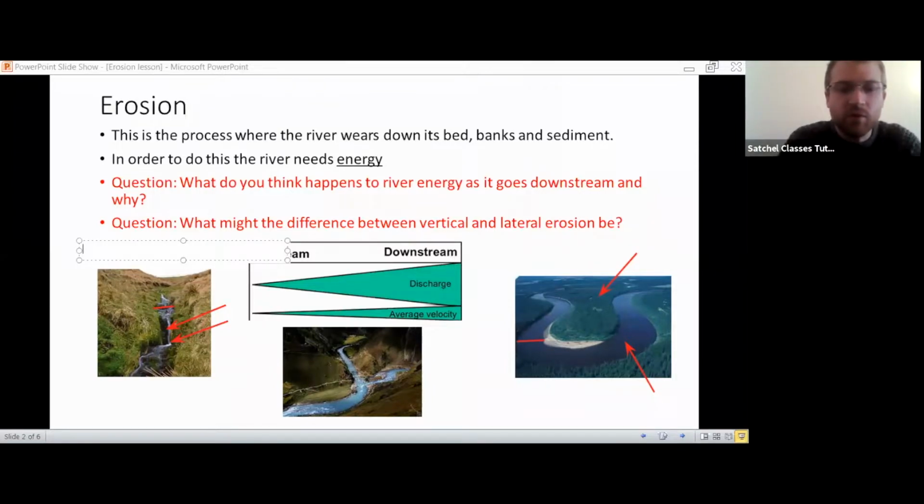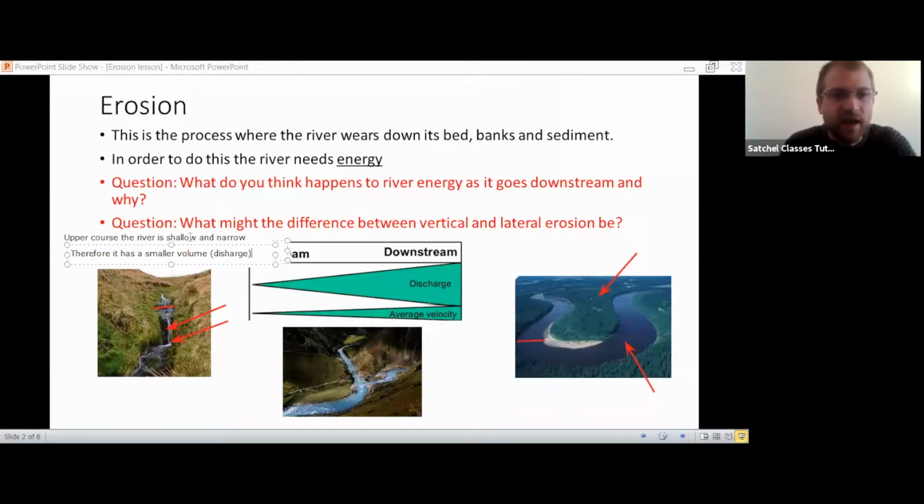So in the upper course, the river is shallow and narrow. Okay, so therefore it has a small discharge, or it has a smaller volume, and therefore ultimately its discharge will be smaller.